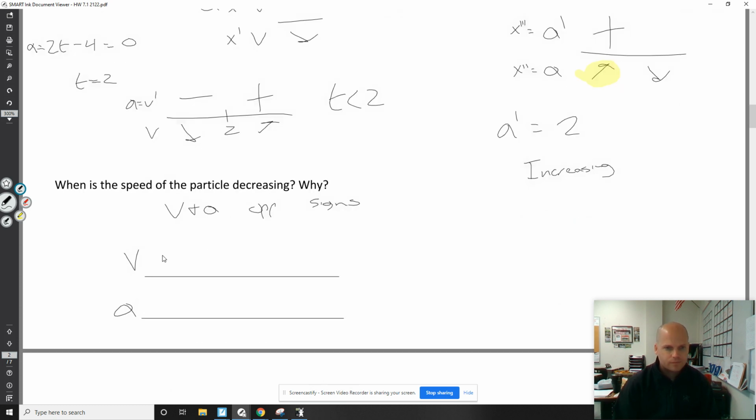V is positive, negative, positive. At 1 and 3. A is negative, positive. Opposite signs, opposite signs. T is less than 1, and 2 to 3.